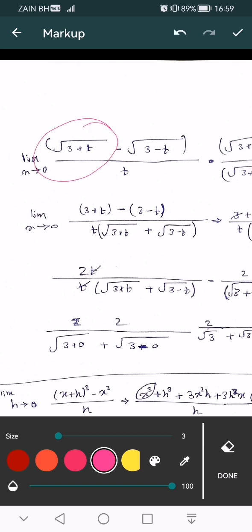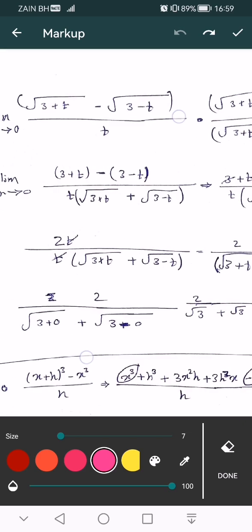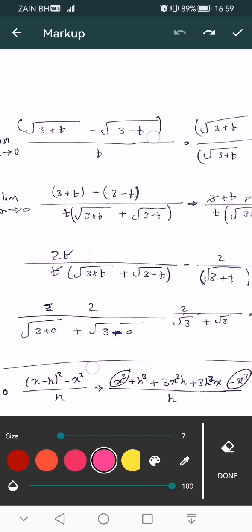You have to multiply this one by the flipped sign, in the denominator and numerator, in the top and bottom, and then you will find the result in the end.